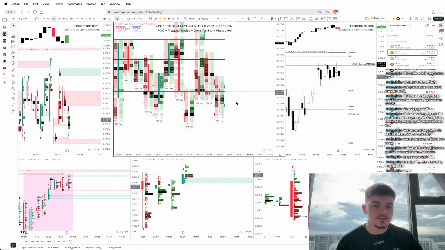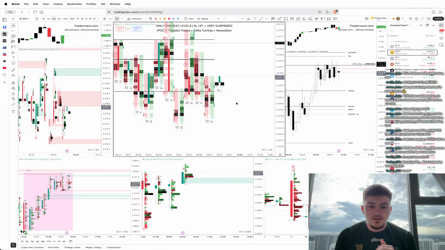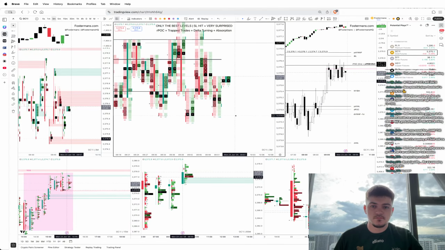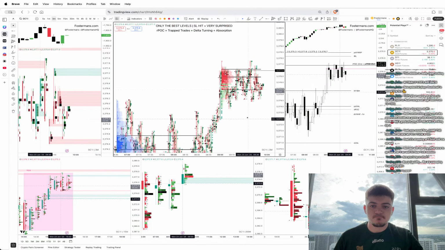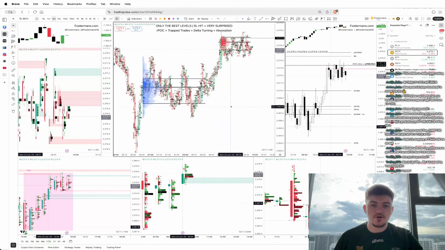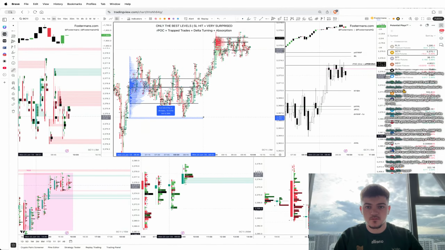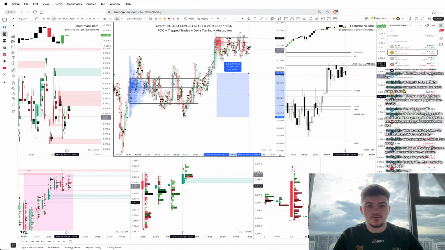Again, still hovering around this value area. Again, we were just hovering around here for how long? That was an hour, and then around here for about an hour.